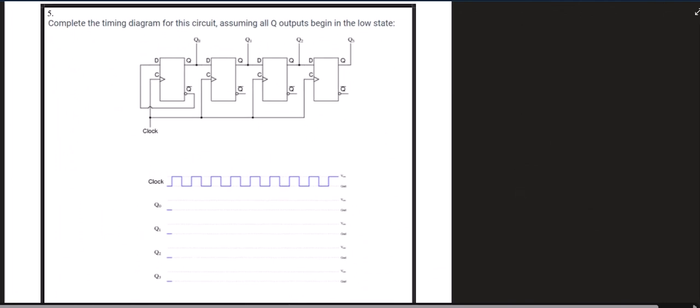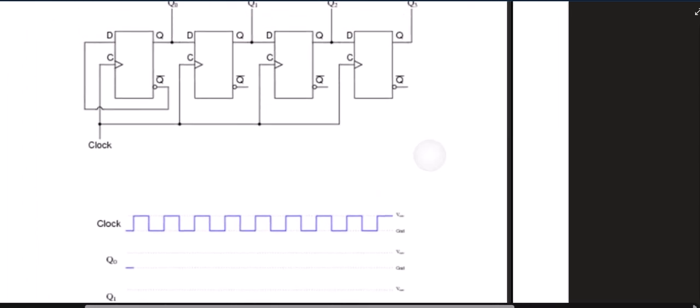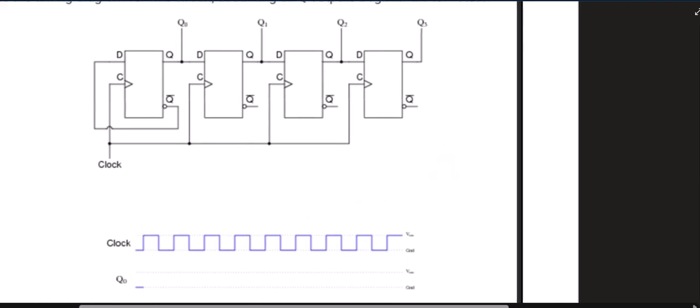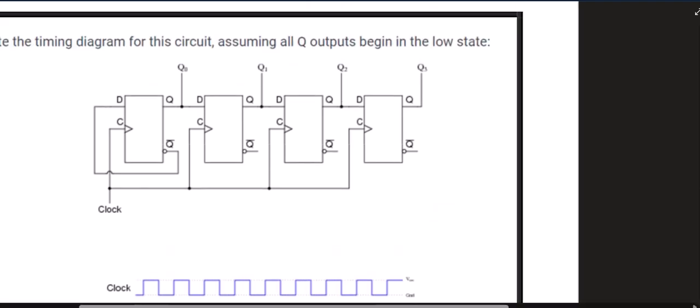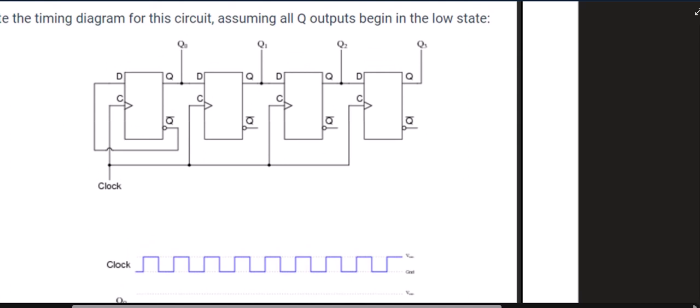And go on to number 5. Okay, so again, let's start with, I think this one is ordering them with 0, 1, 2, 3 in this direction.